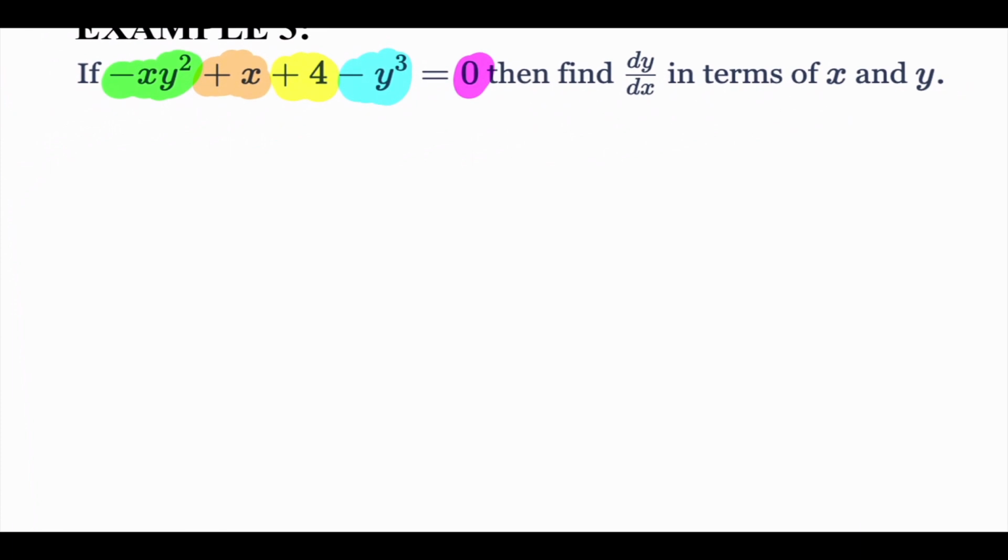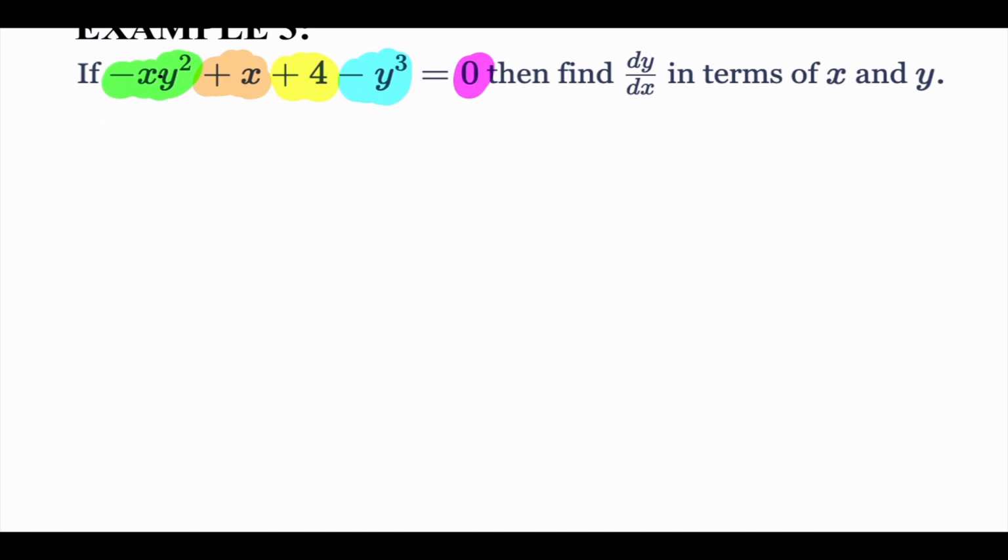I need to find the derivative of every single color. Some are going to be easier than others. Okay, so the green is negative x times y squared. How do you think I'm going to find the derivative of that guy? Product rule, yeah. The green, I'm going to have to use product rule because it's multiplication.